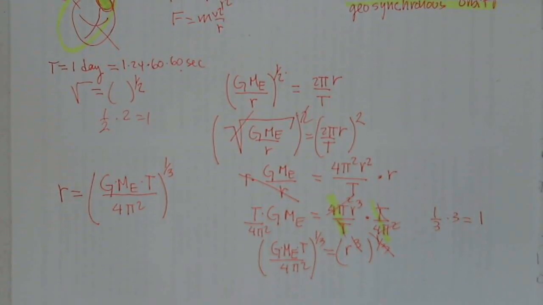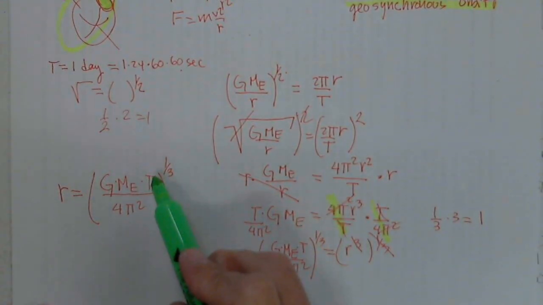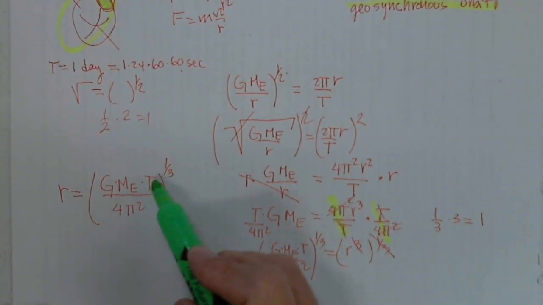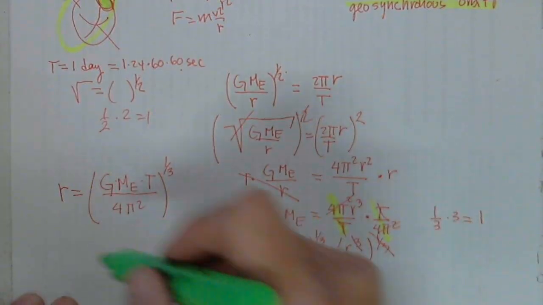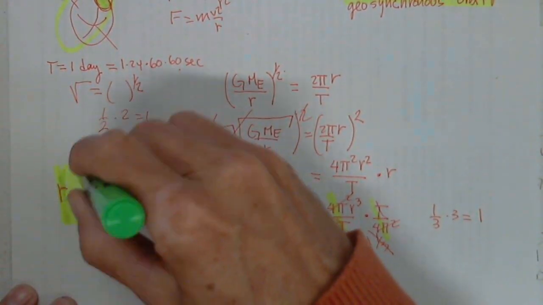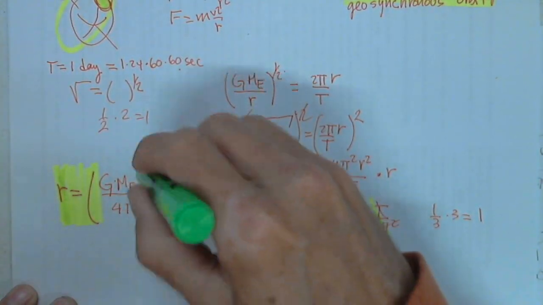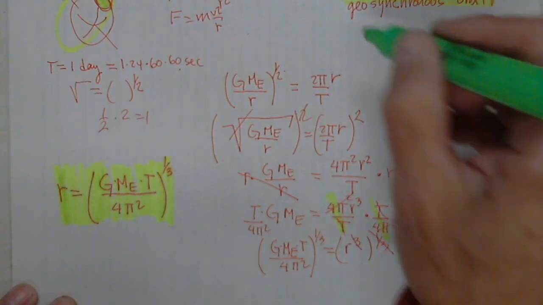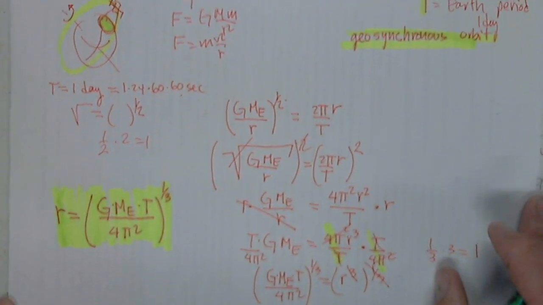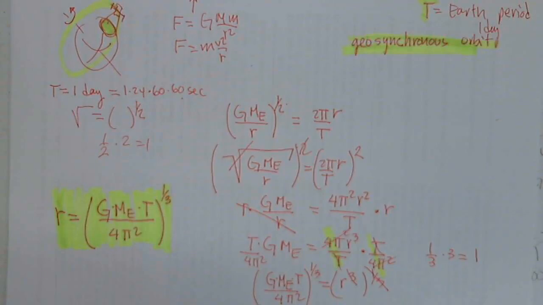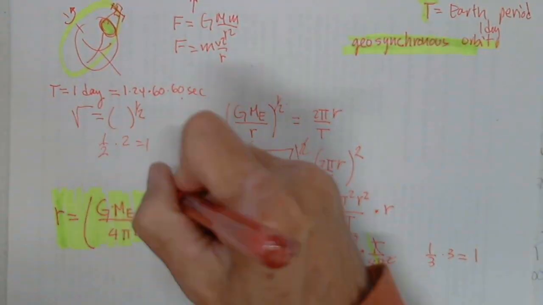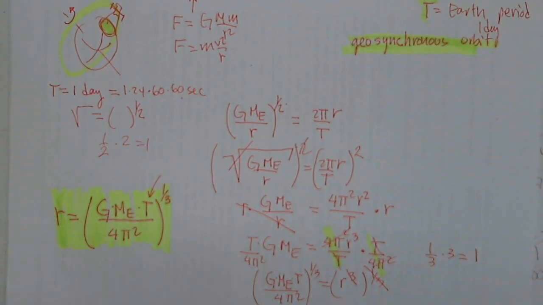So this equation is very important, because if you put the period of the Earth over here, it tells you what height the satellite needs to be in order to be geosynchronous. If you put over here 1 day in seconds, it will give you the altitude in meters of the geosynchronous orbit.